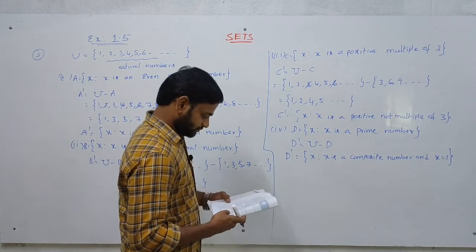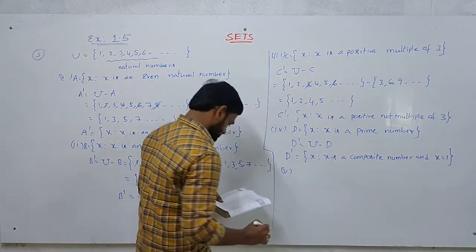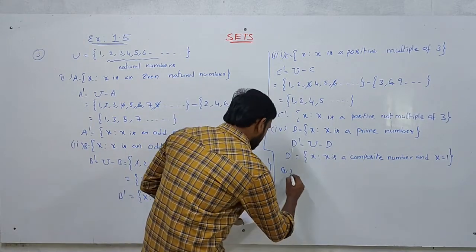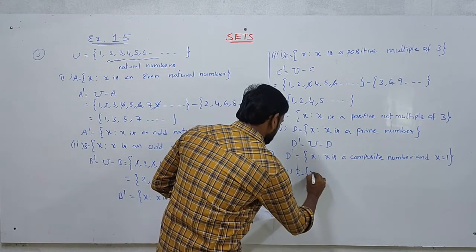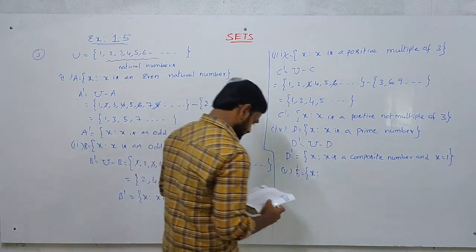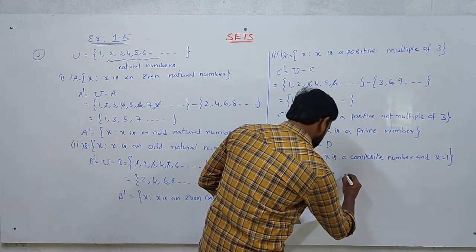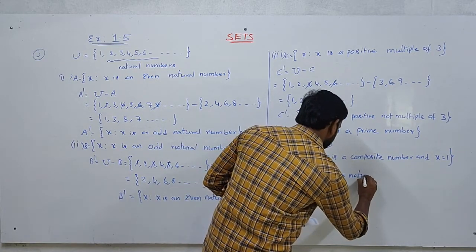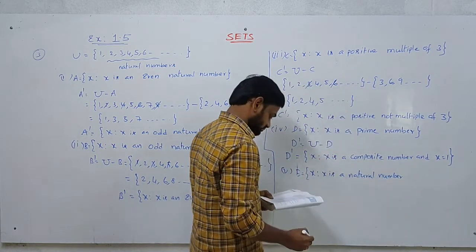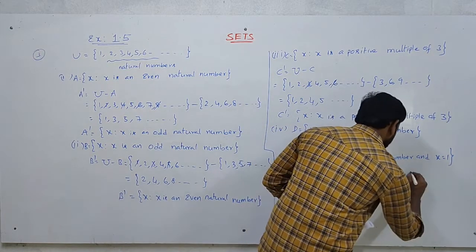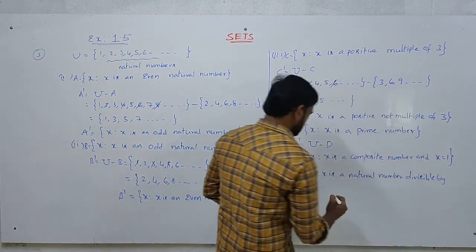Next, what is the fifth one? I am taking this E equal to x such that x is a natural number divisible by 3 and 5.